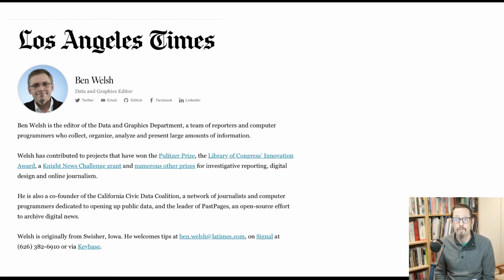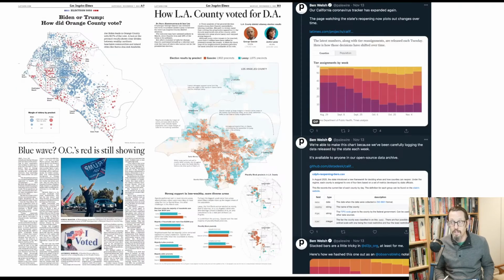So he's also a big open source and open data kind of person who runs a civic data coalition. And just generally, if you wanted to find out about the idea of using data science for the public good, this is a man who's been involved in that. So I highly recommend that you take a look at some of the things that he and his team have done over the years. These really incredible infographics, for instance, recently on voting, or on coronavirus.